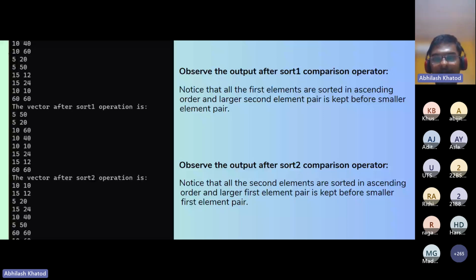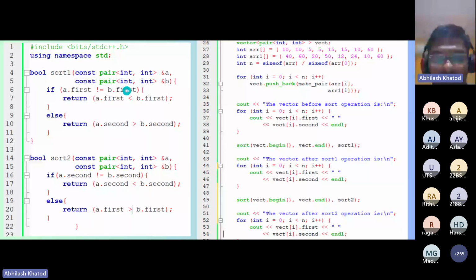Second, sort one function ascending, this descending. Here, this descending, this ascending. So try to understand. The main thing is playing with these symbols: greater than, less than, not equal to, equal to. Playing with these, we can sort the pairs according to our own needs.